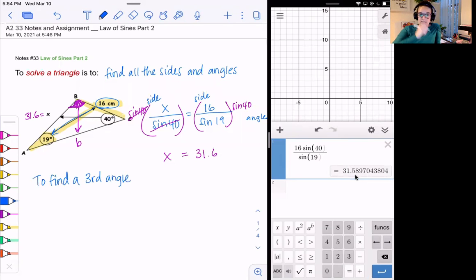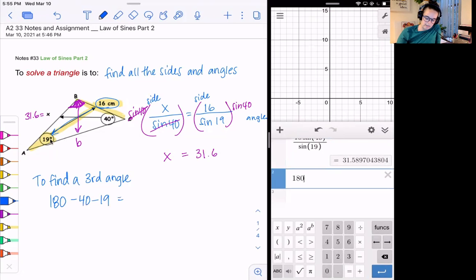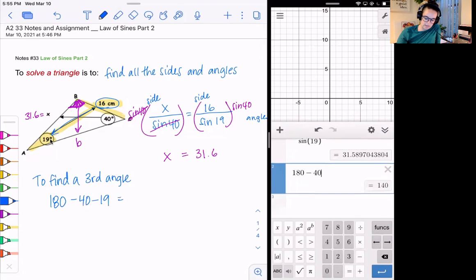So the first thing that we can do to find a third angle: remember that a triangle has 180 degrees in it, right? It has 180 total degrees. And we already know that this one is 19 degrees and this one's 40. So those two angles are already used up. So we can take away the 40 degrees and take away the 19 degrees, and that's going to tell us what our third angle is. So I'm going to do 180 minus 40 minus 19, right?